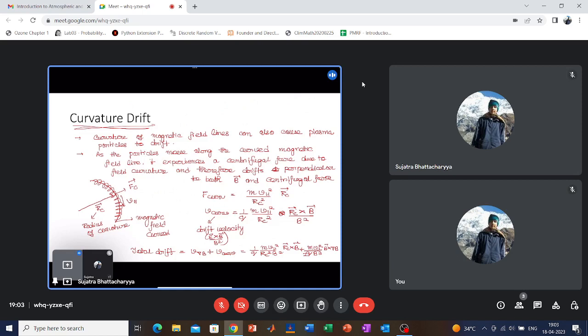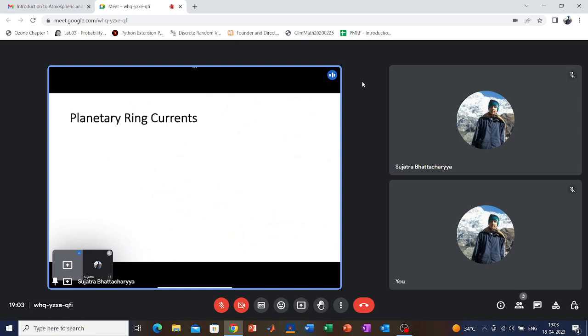And then the curvature drift: when the magnetic field is curved, with some radius of curvature, the centrifugal force will act, and that divided by Q becomes the corresponding electric field, and then we write the expression of the curvature drift. So this ends the concept of the drift velocity in the plasma particles. One is the gradient drift, another is the curvature drift.